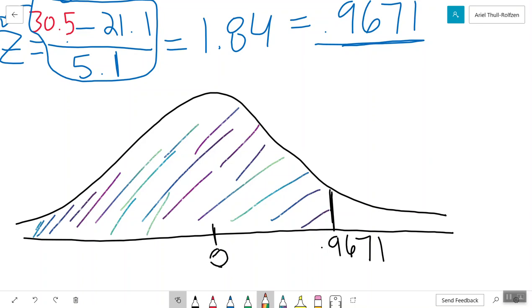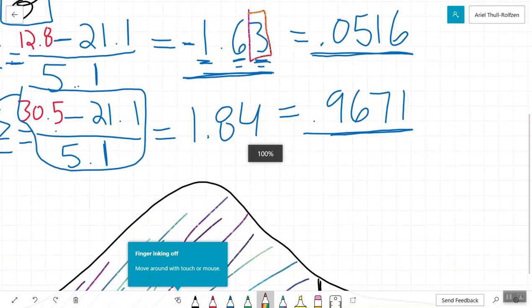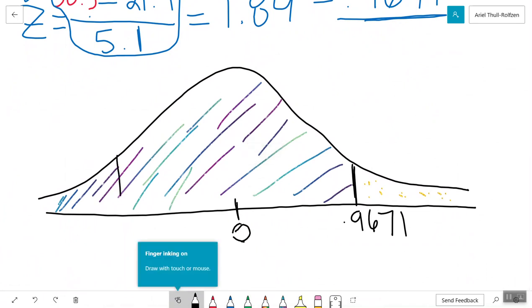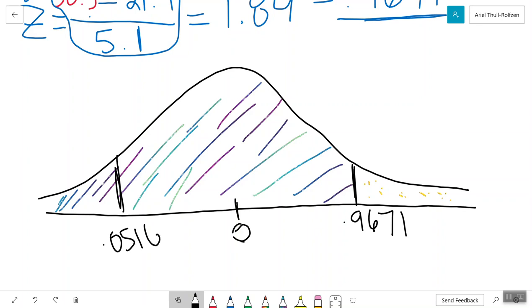And then the opposite lies up here. Now my other value is 0.0516. So for 0.0516, we're going to draw a line down here. What that means is that 5.16% of the data lie below this point.